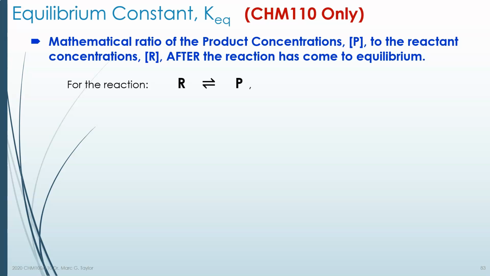So we let R go in its reaction until some of it becomes P and some of it stays as R, and it's always going back and forth, but we've stabilized concentrations. There are equilibrium concentrations.